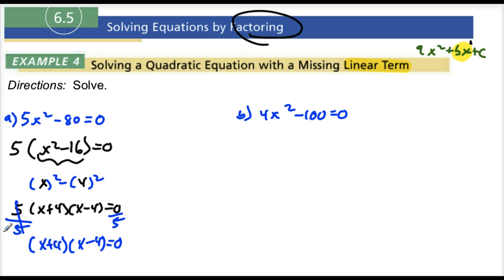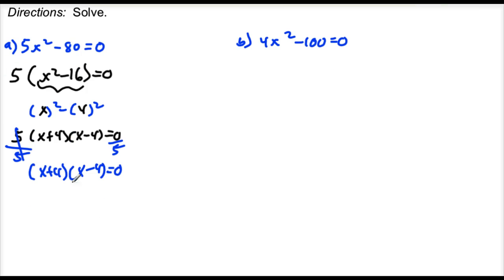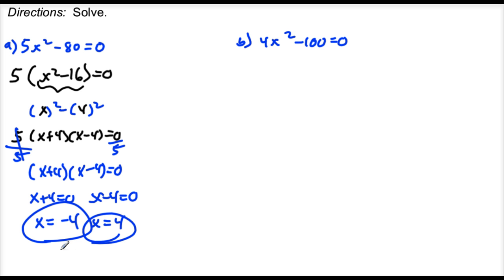Generally, and this is true every time, if you have a constant factor, like 3, 5, 7, not one with a variable, then you can just ignore it because it doesn't affect the answers. So you set x plus 4 equal to 0 and x minus 4 equal to 0, and we get our answers: x equals negative 4 and x equals 4.